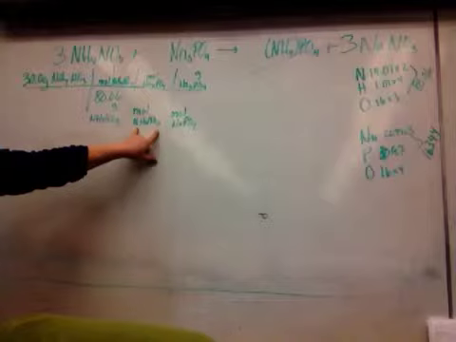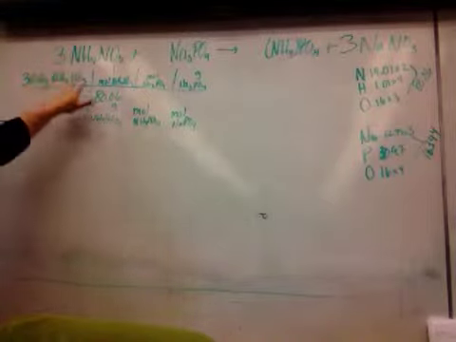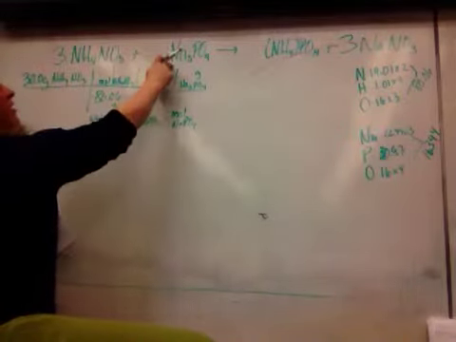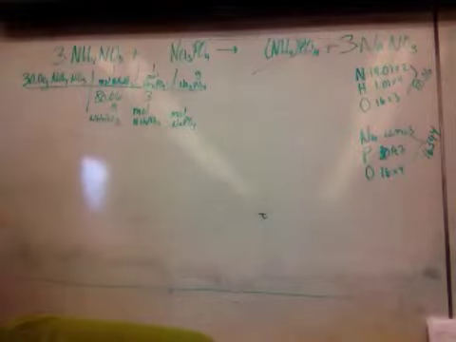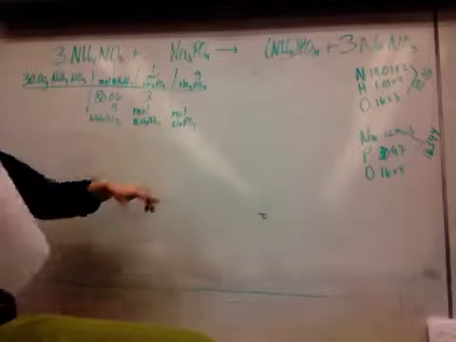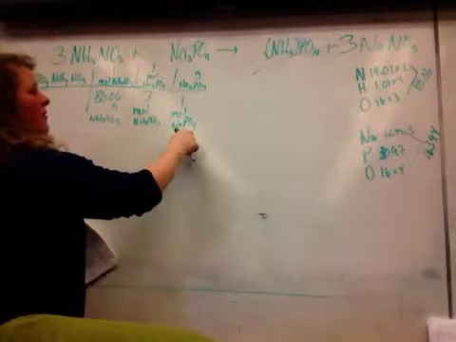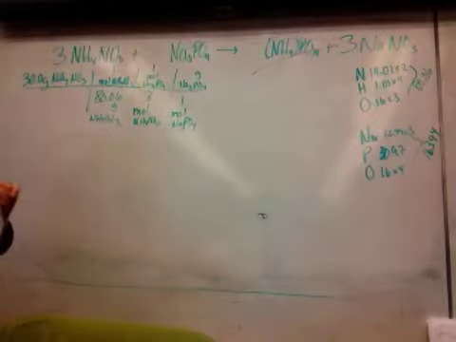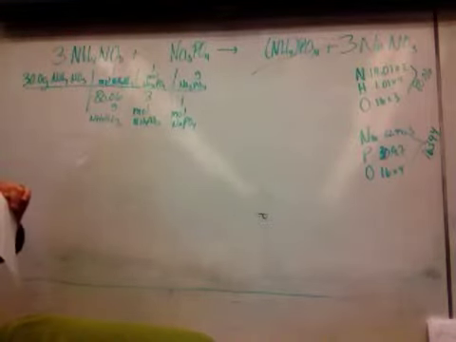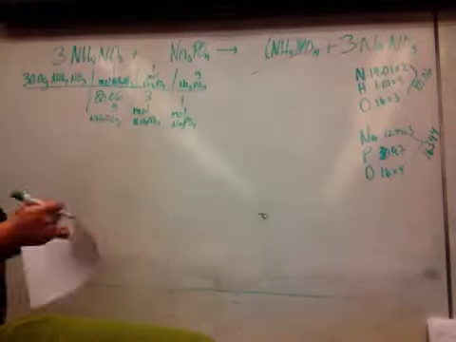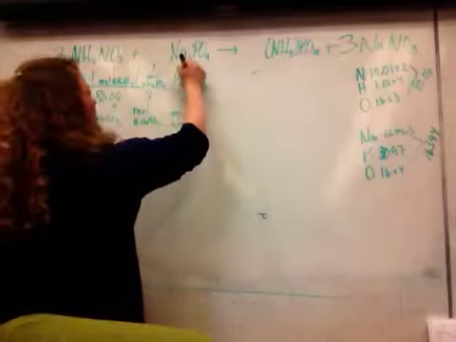Where do we get those numbers? The coefficients. So we have 3 moles of ammonium nitrate for every 1 mole of sodium phosphate. And then this is just another molar mass conversion. So 1 mole of sodium phosphate is how many grams? 163.94, just our molar mass.